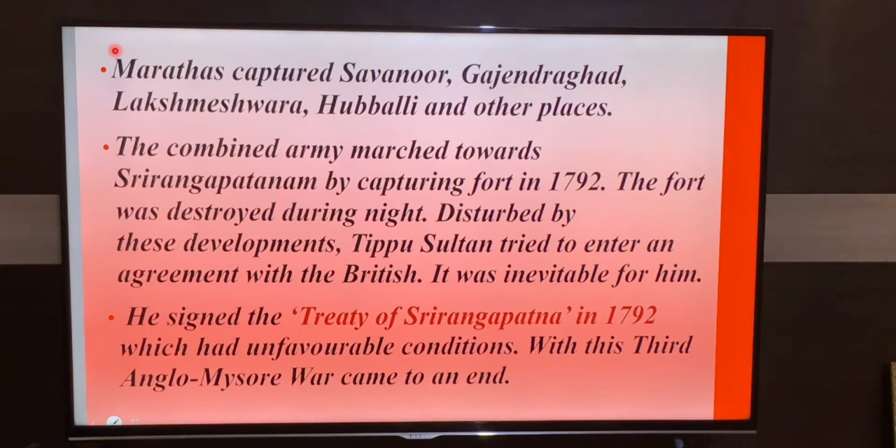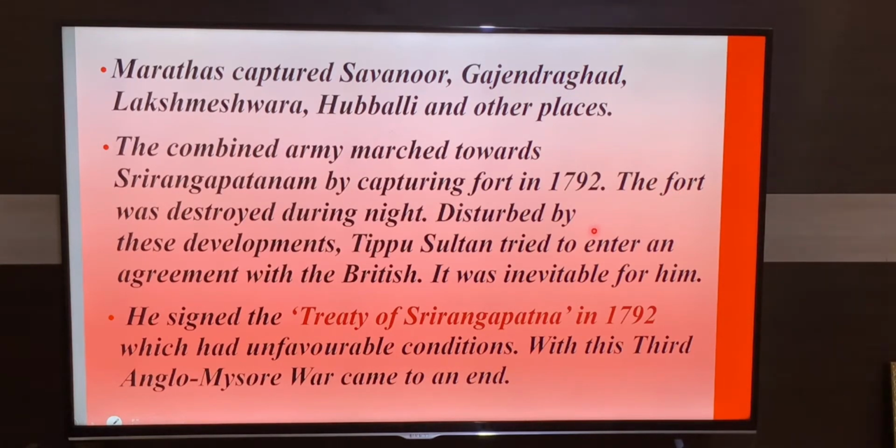After British sought the help of Maratha and Nizam of Hyderabad, the Maratha captured Savanur, Gajendraghat, Lakshmaneshwar, Hubballi and other places. Later, the combined army marched towards Srirangapatnam by capturing the fort in 1792. The fort was destroyed.